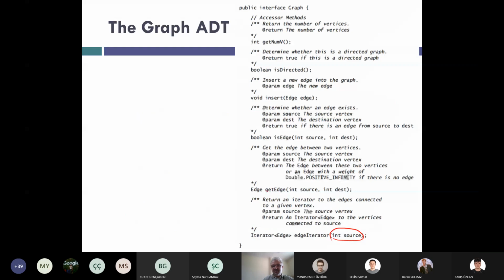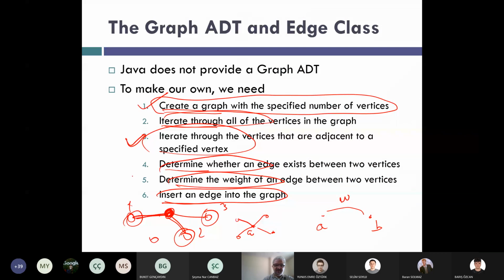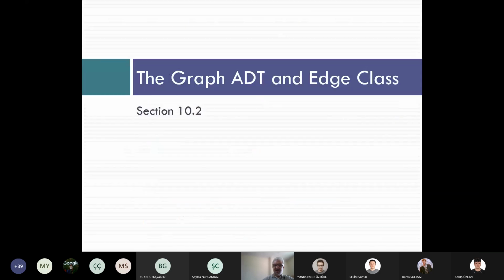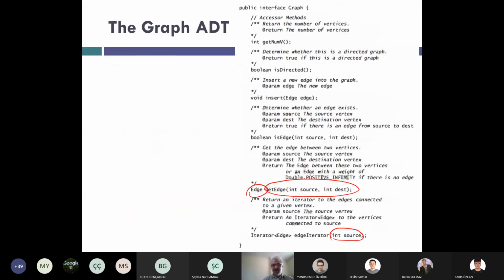And this is getEdge. It returns an edge. Of course, the weight is part of the edge. So it is 5. And this method returns whether an edge is available or not.